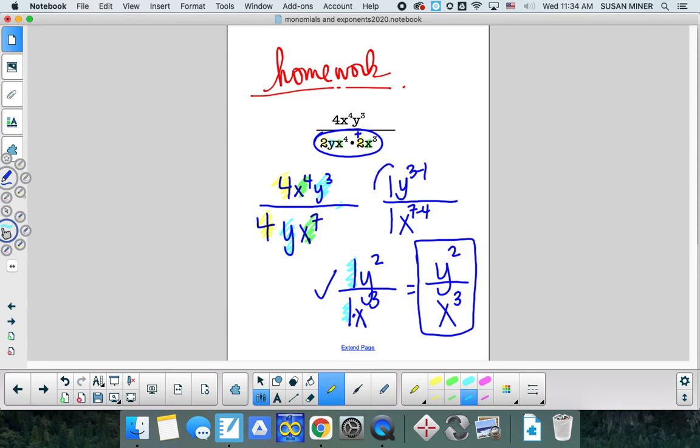And a lot of times it helps us for a little while to put those ones in there, because if I end up with not having anything on the top or bottom, then I need the 1 in there as a placeholder. In this case, though, I ended up with the y squared on top, and so I don't need the placeholder ones. Okay. So there is your result. And sorry, we'll put the ones in there again. Okay. So there is our most simplified.